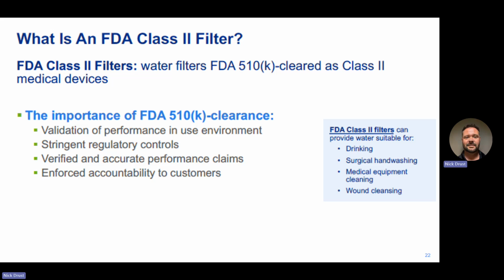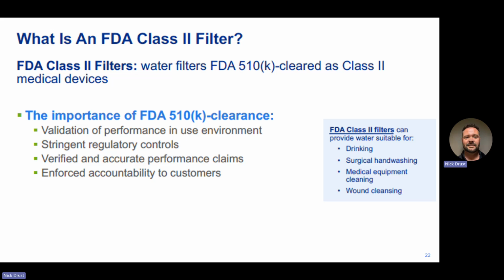Earlier, we saw 514 specifically reference FDA Class 2 filters as a microbial control strategy in certain healthcare applications. So naturally, the next question becomes, what exactly is an FDA Class 2 filter? Easiest way to explain it is that these filters are regulated as medical devices that have received FDA 510(k) clearance for their intended use.